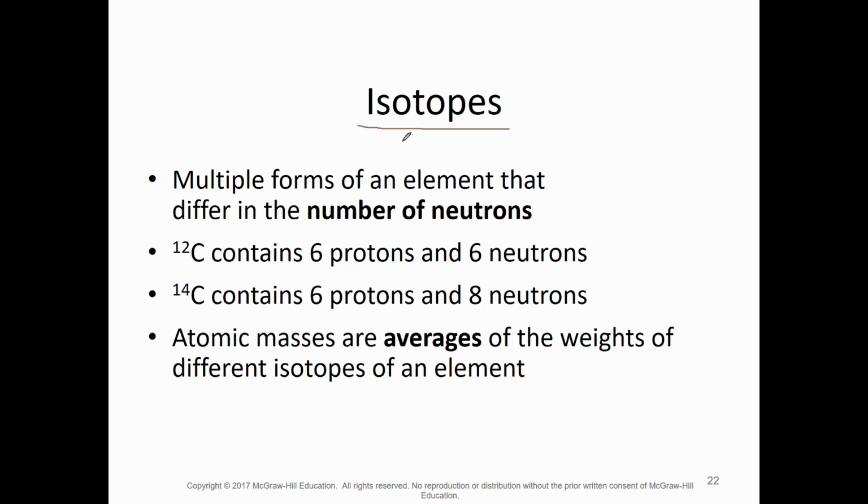Isotopes. So we've talked about atomic masses, we've talked about elements. Now let's look at this idea of the isotope, where you can have more forms of a particular element.